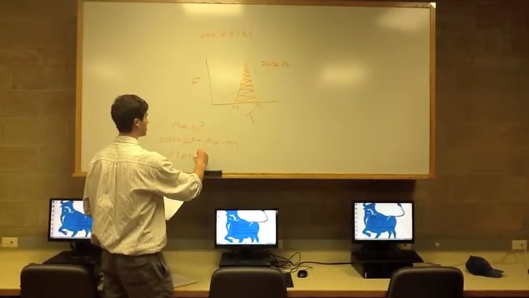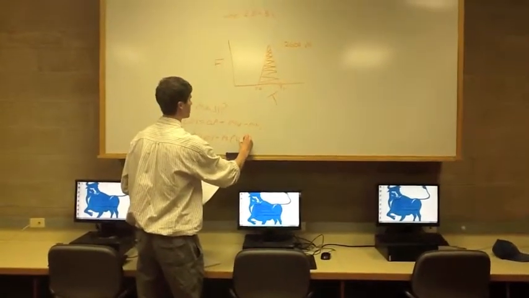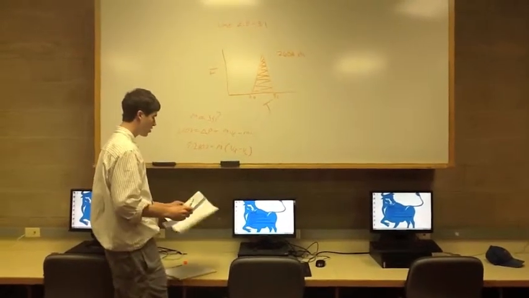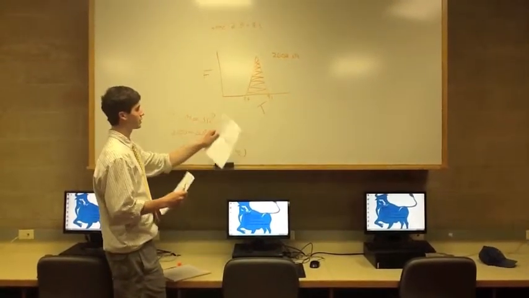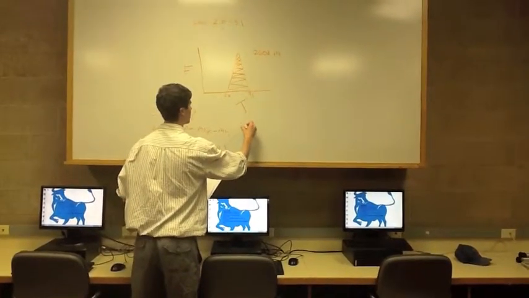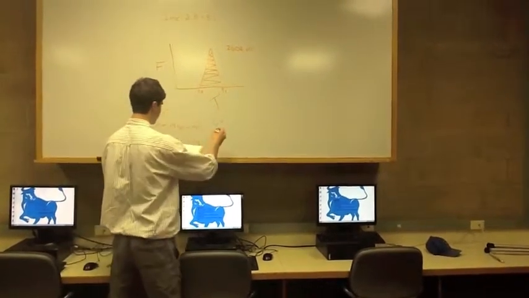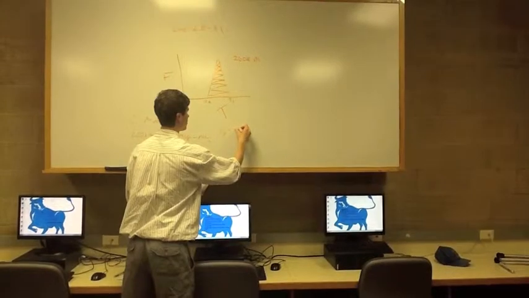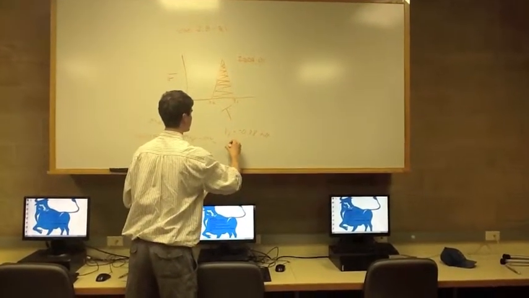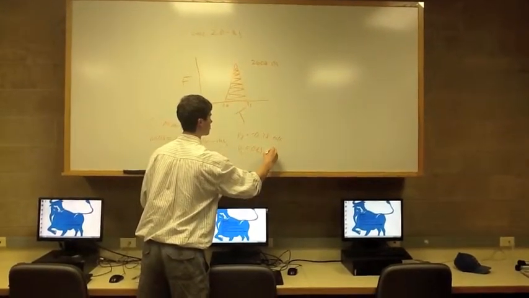0.2603 equals the mass of the cart, factor that out, times the final velocity minus the initial velocity. And looking at our graph like this, the velocity graph, the final velocity of the cart as it's moving back is negative 0.5 meters per second, and its initial velocity is 0.65 meters per second.